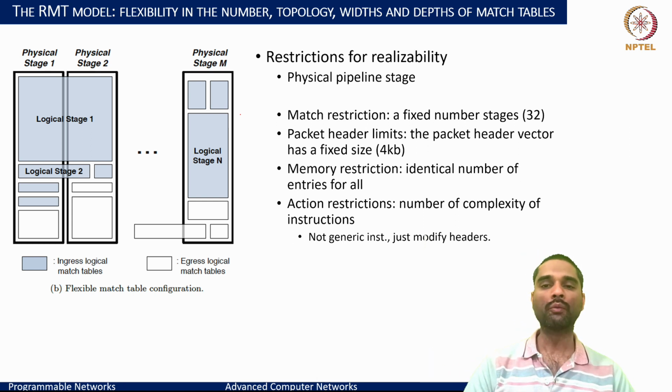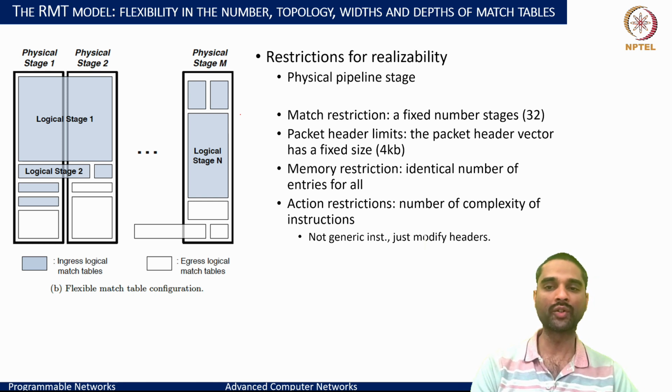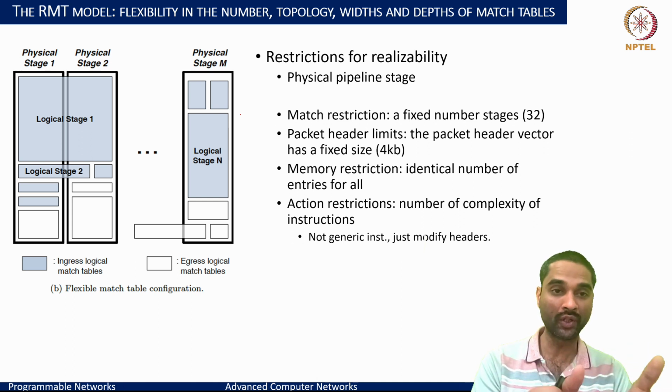The other aspect to remember is that when we have these flexible match table configurations, the memory restrictions and action restrictions also need to be considered in terms of what entries we have in a given physical stage or a given logical stage.